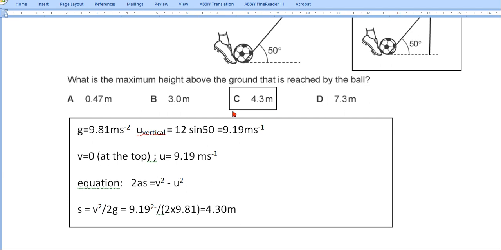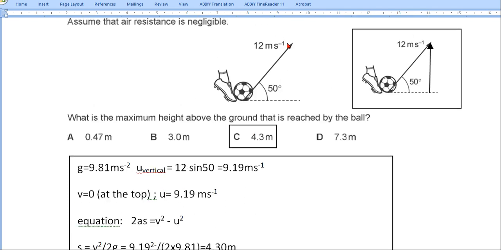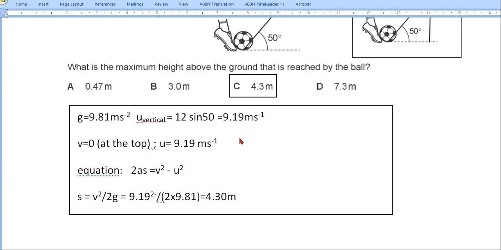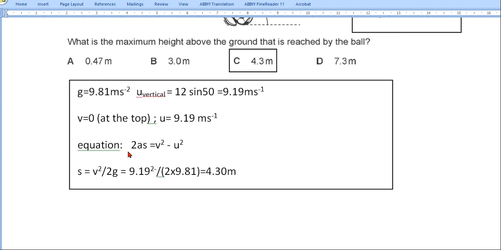So for vertical motion we have the following information. g, initial velocity is this part, so we use sine 50, and then we use one of the formulas from the given formulas. At the top, final velocity is 0, so initial velocity we calculated using sine, and finally we get answer C.